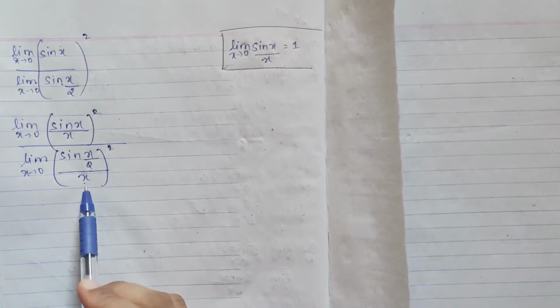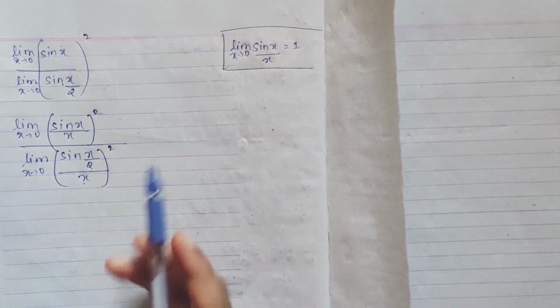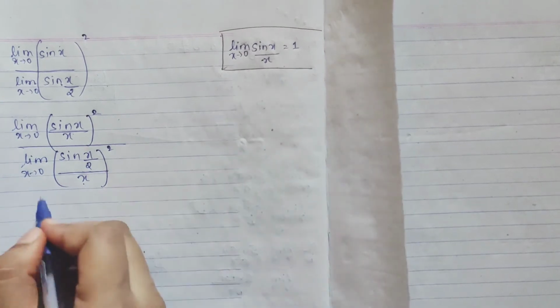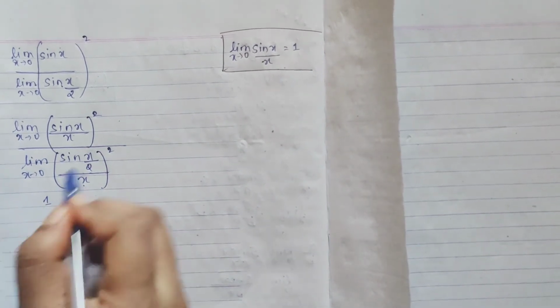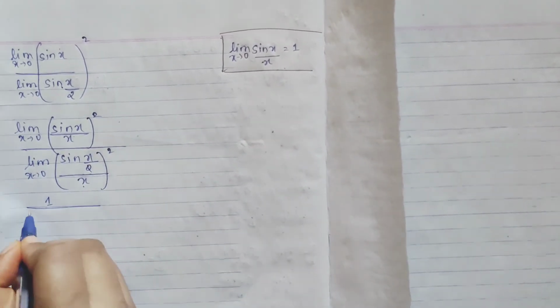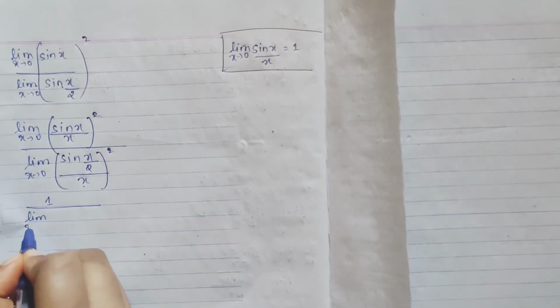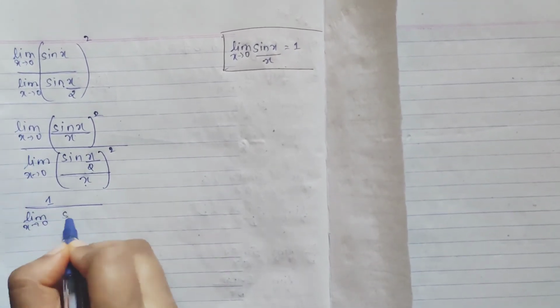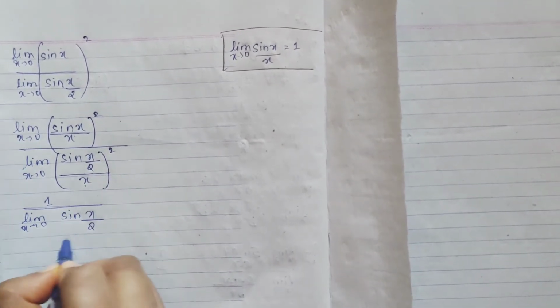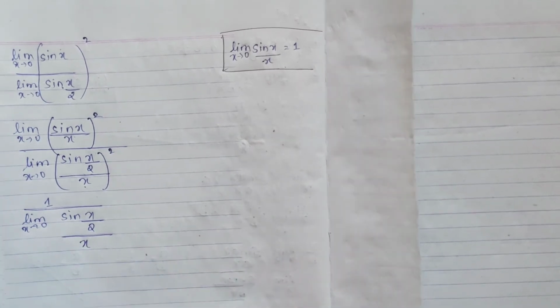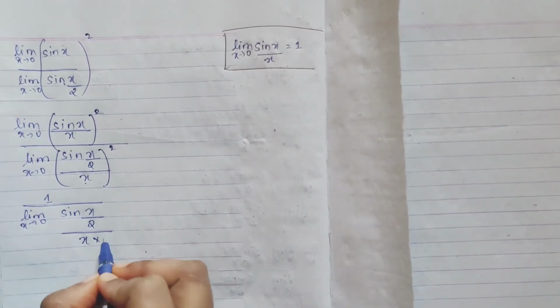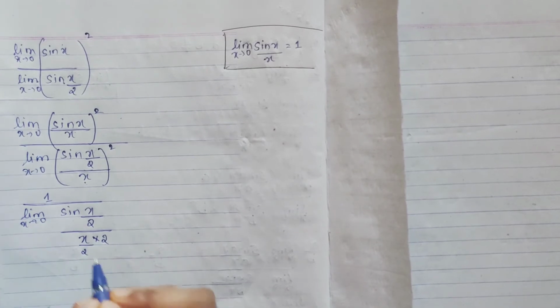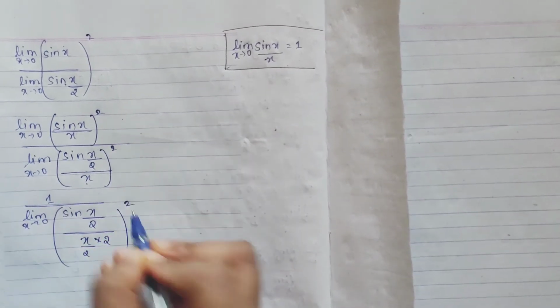So, what we will do here is divide and multiply by 2. So, this is 1, and I can write 1 square as 1 only. So, limit as x tends to 0, sin x by 2 divided by x, what we are doing, multiplying and dividing it by 2, x by 2 square.